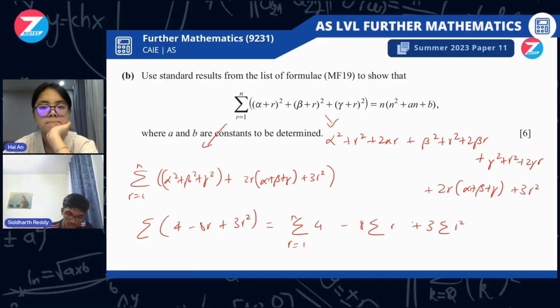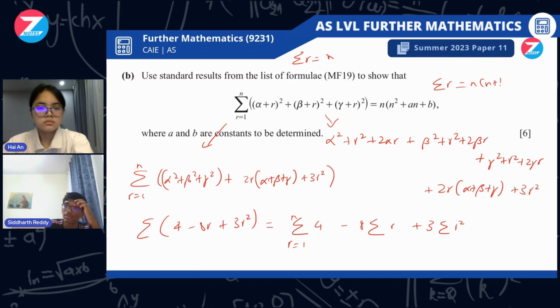Now from the standard list of formulae, we have the sum of r is equal to n into n. Just give me a second. I can't write up there, unfortunately. So from the standard formulae, we have sum of r is equal to n into n plus 1 by 2, where the sum is still to n.